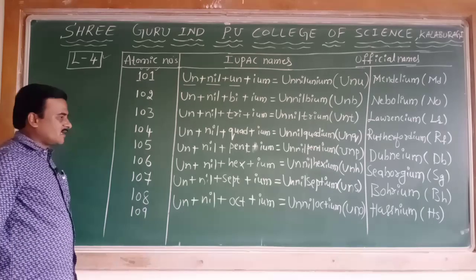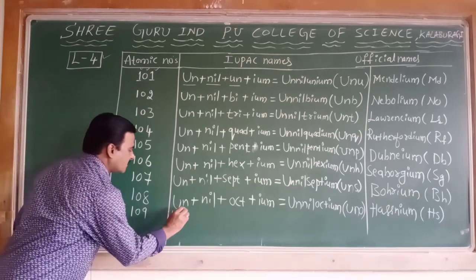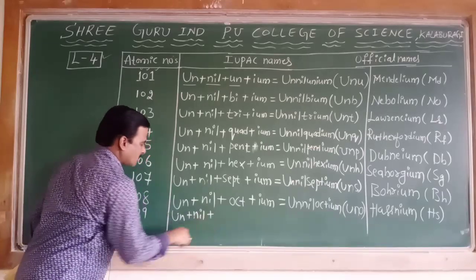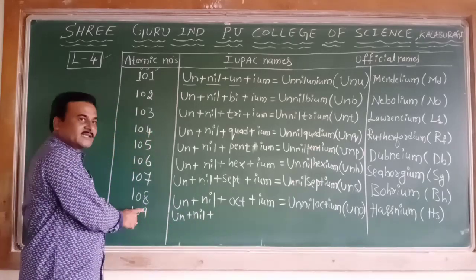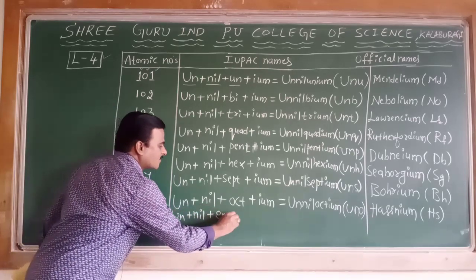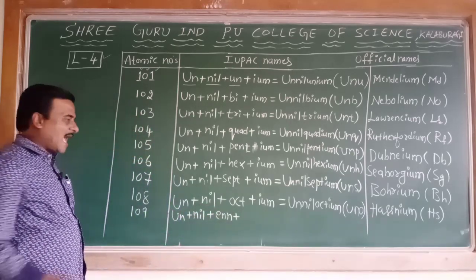Atomic number 109. Un, nil, and for 9 the Latin name of the digit is enn, plus ium.